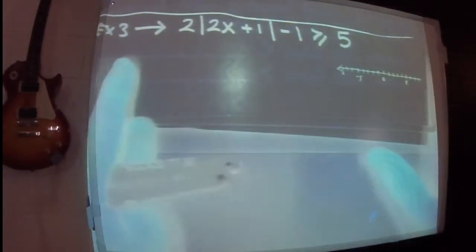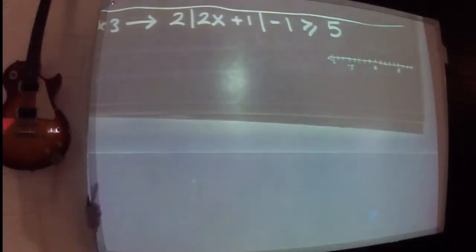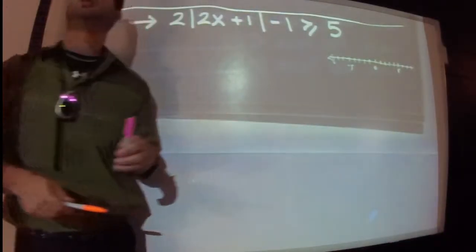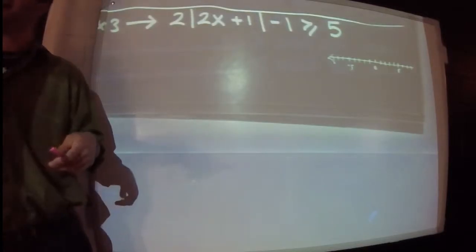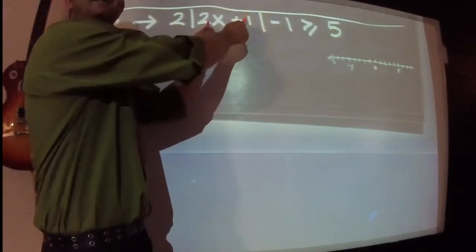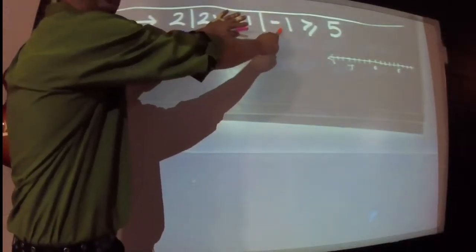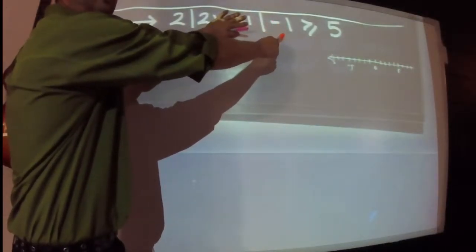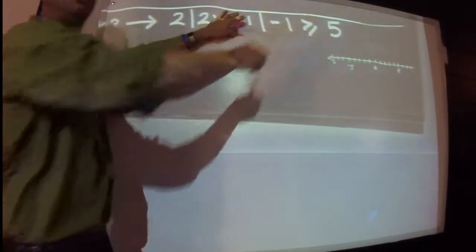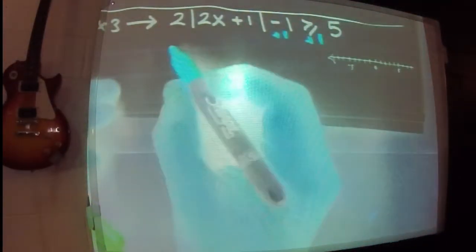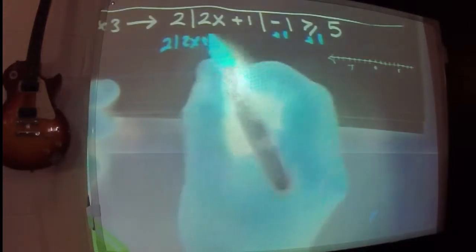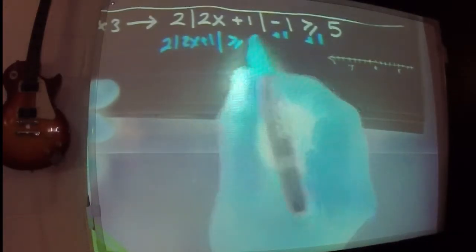Now this one is more difficult because you have a bunch of junk here and here. What are you supposed to do with that stuff before you do the breakdown? Isolate the box. Get it by itself. So take care of this first. What do we do? Plus 1. And now 2 times 2x plus 1 is greater than or equal to 6.